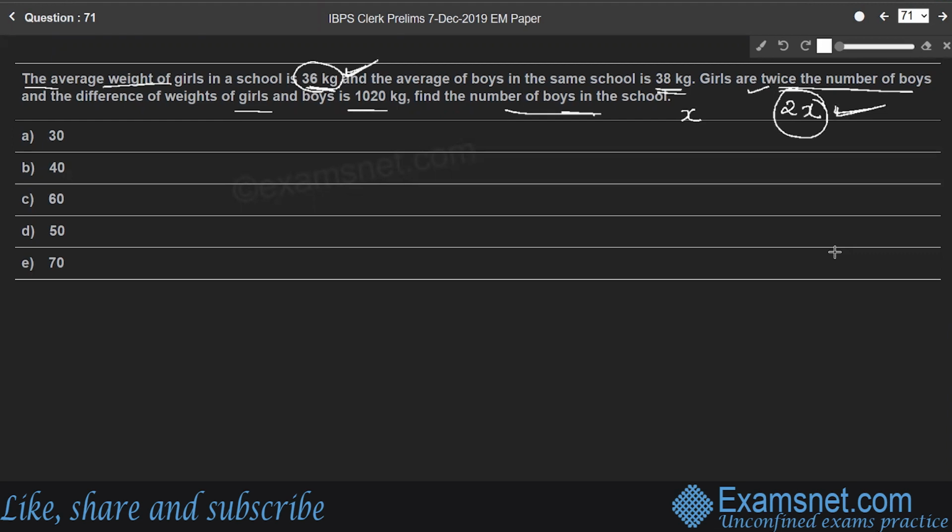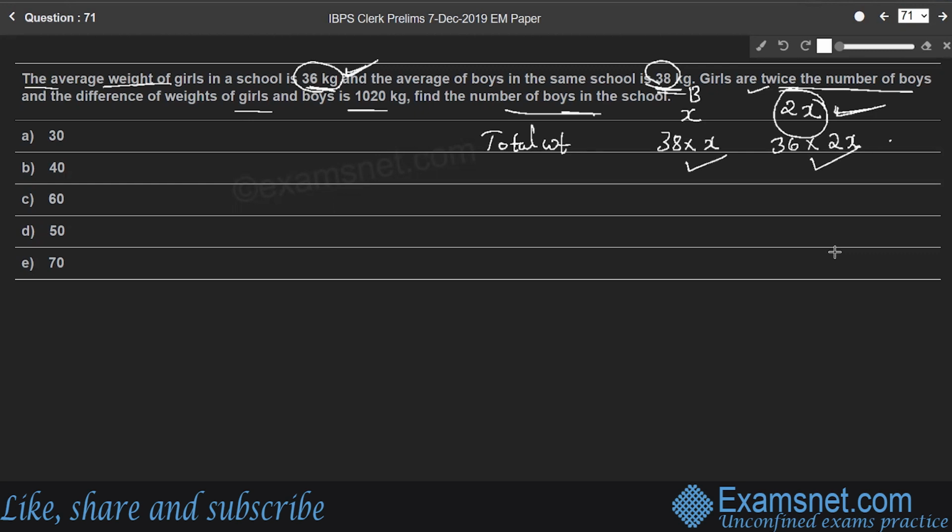What is the total weight of girls here? It is average weight into number of girls, right? It gives total weight. Whereas in case of boys, the average weight is 38 kg and the number of boys is X, so 38X. So this is the total weight of boys and this is the total weight of girls.